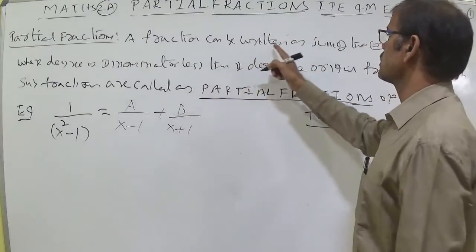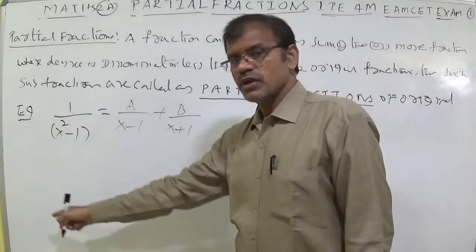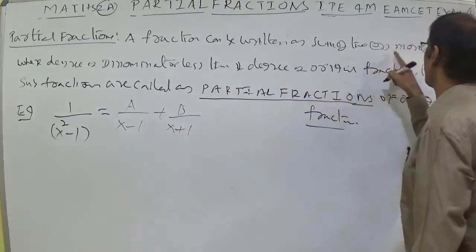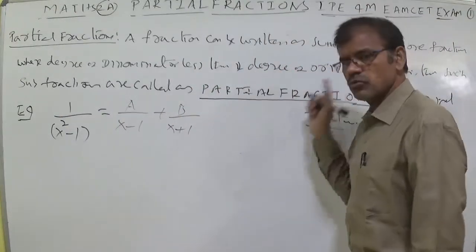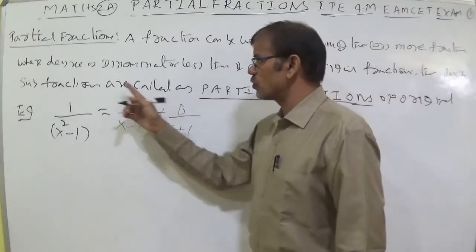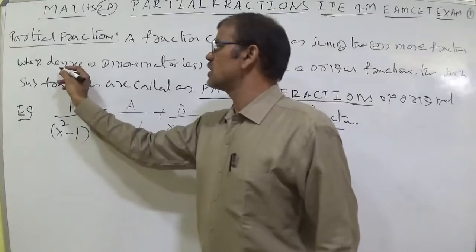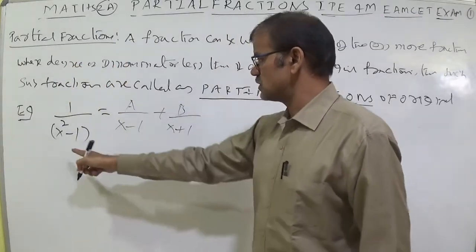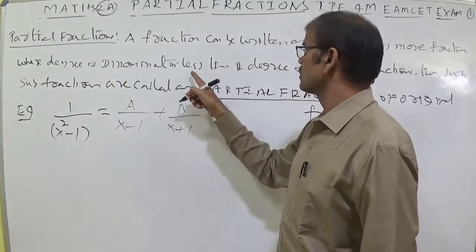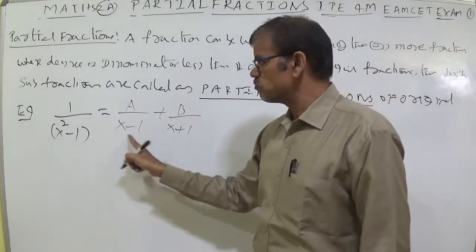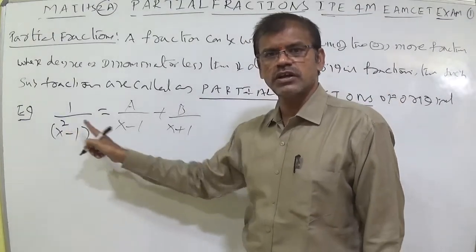A fraction can be written as the sum of two or more fractions, where the degree of the denominator should be less than the degree of the original fraction. Here the degree is 2 and here the degree is 1.